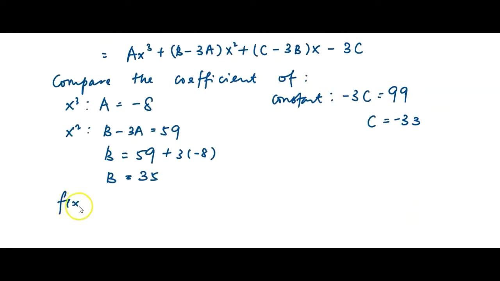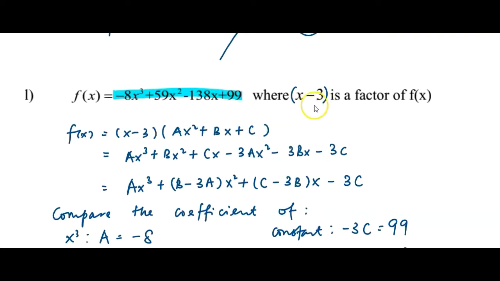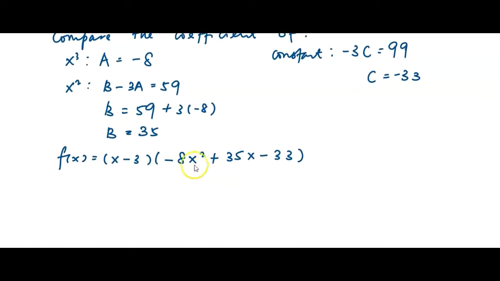Your function can be written as (x minus 3)(negative 8x squared plus 35x minus 33). Because your factor is x minus 3, and your f(x) can be written as a linear factor multiplied by a quadratic factor, where your quadratic factor is given by this.